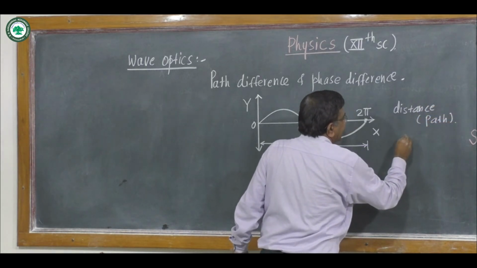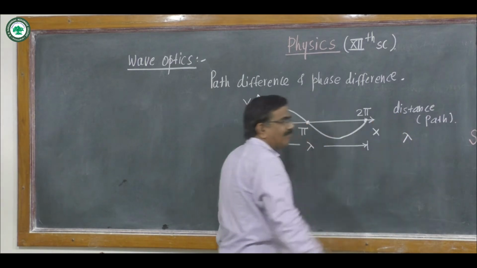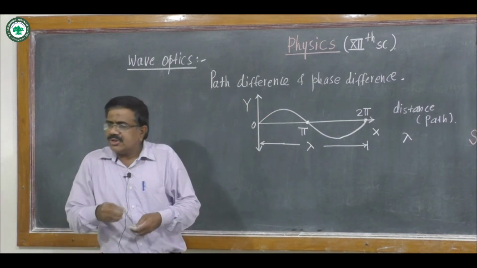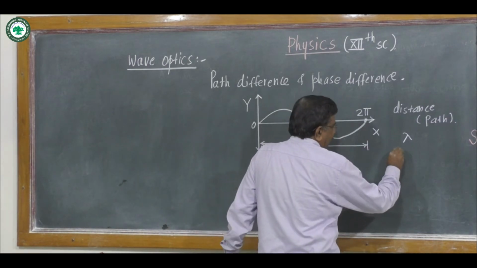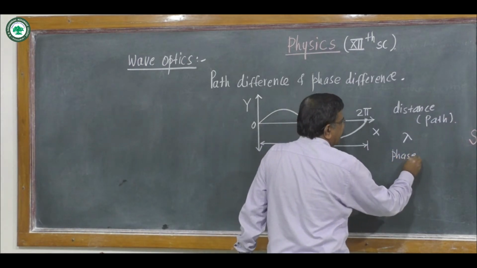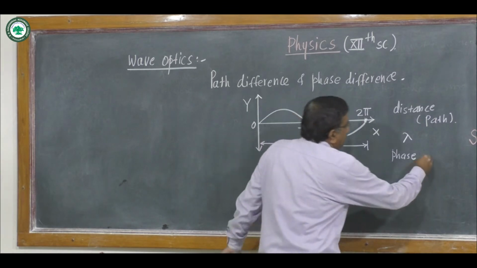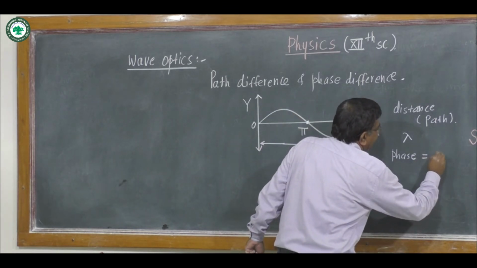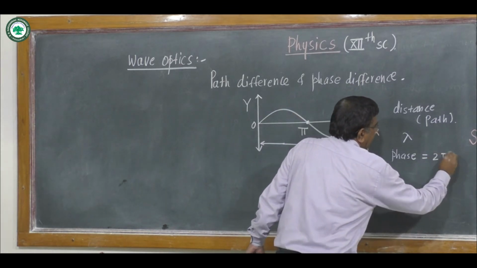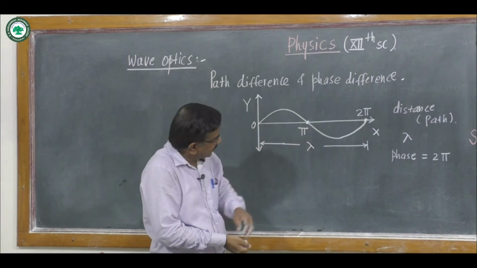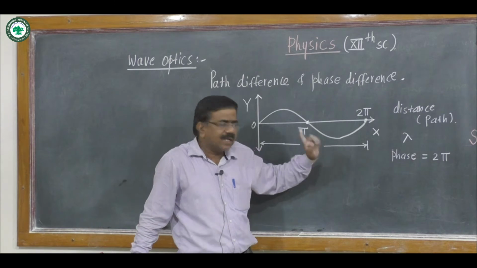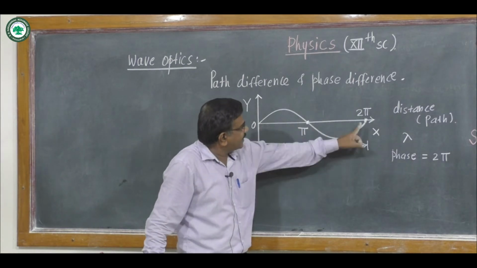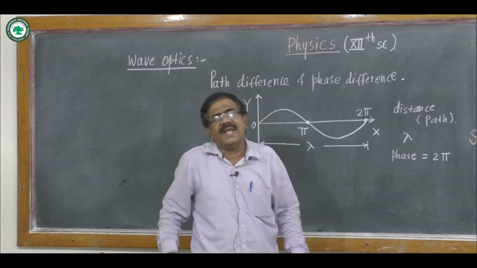Distance equal to wavelength lambda corresponds to phase 2 pi. Phase of the wave is expressed in terms of these angles. Distance lambda, that is distance equal to wavelength lambda, corresponds to phase angle 2 pi radian.